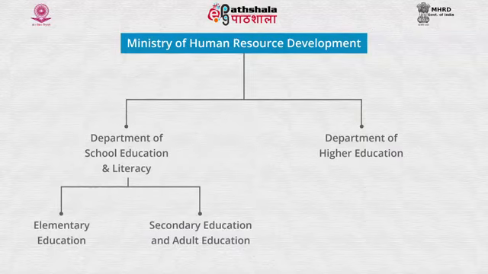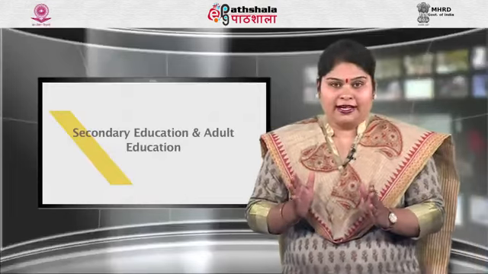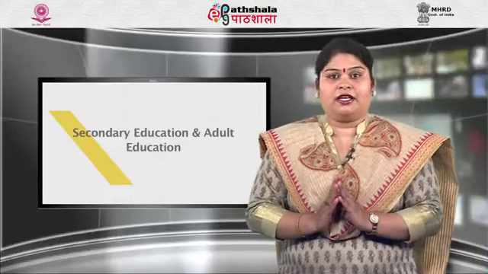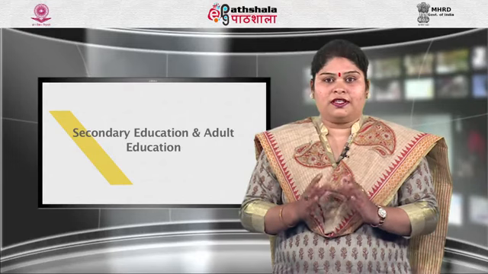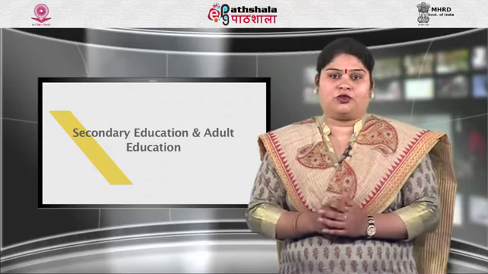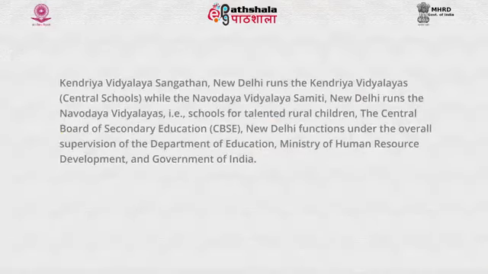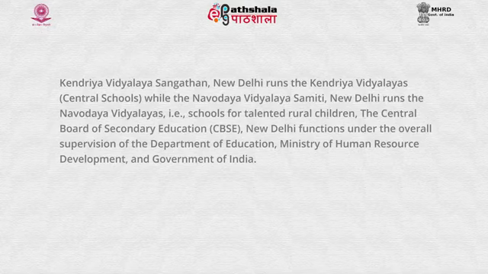The next division is secondary education and adult education. At the state level, it is usually the Department of Education that administers secondary education. At the national level, the Kendriya Vidyalaya Sangathan, New Delhi runs the Kendriya Vidyalayas, central schools, while the Navodaya Vidyalaya Samiti, New Delhi runs the Navodaya Vidyalayas, that is schools for talented rural children.